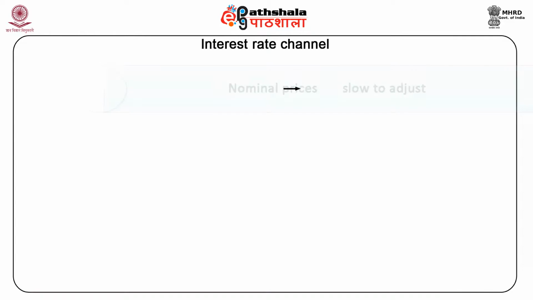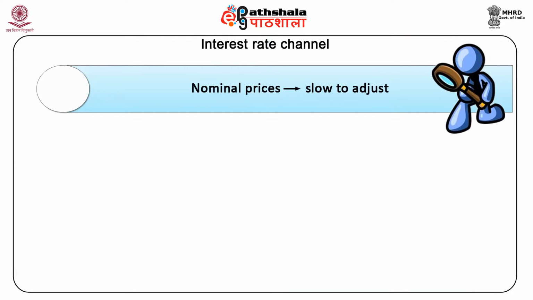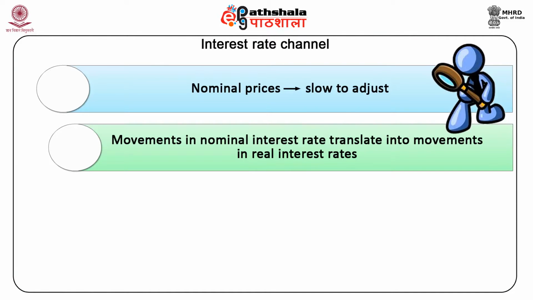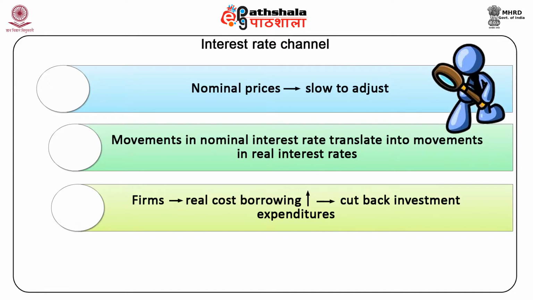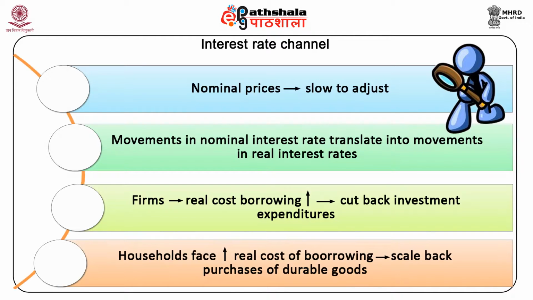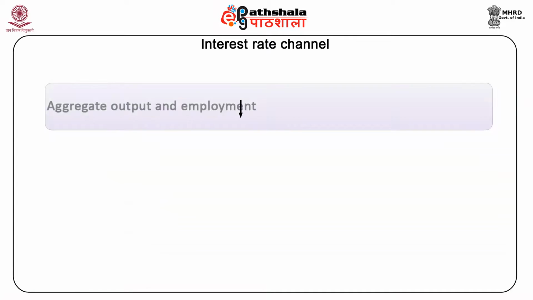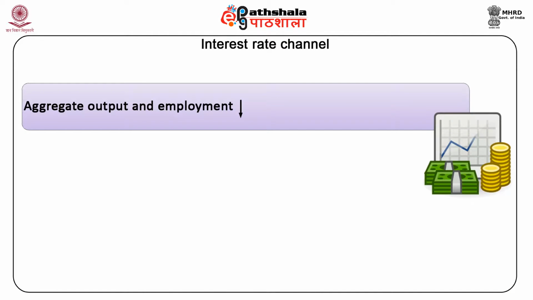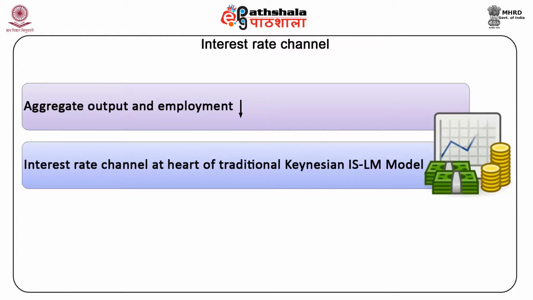When nominal prices are slow to adjust, these movements in nominal interest rates translate into movements in real interest rates as well. Firms finding that their real cost of borrowing over all horizons has increased cut back on their investment expenditures. Likewise, households facing higher real borrowing cost scale back on their purchases of homes, automobiles and other durable goods. Aggregate output and employment fall. This interest rate channel lies at the heart of the traditional Keynesian textbook IS-LM model.